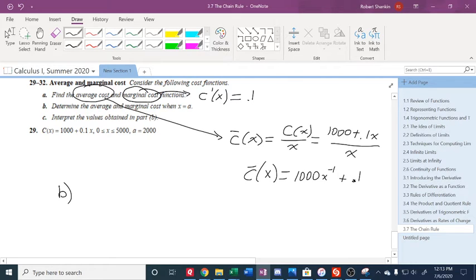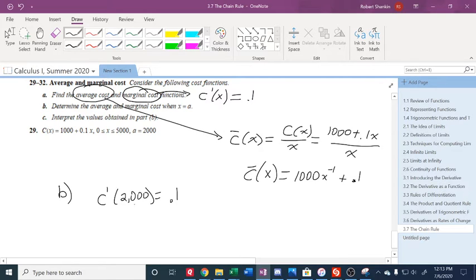So it could be written like that as well. And then part B is C prime of 2,000 is 0.1. And then part C: interpret the values that you got in part B.